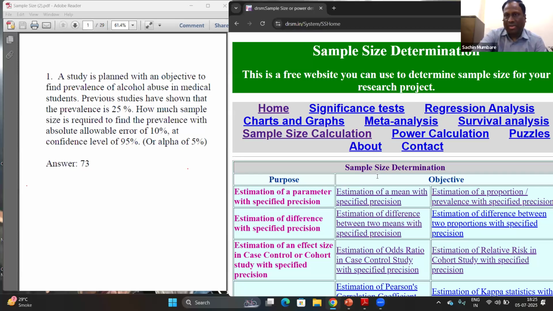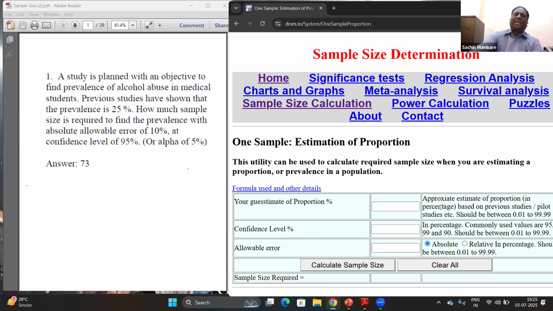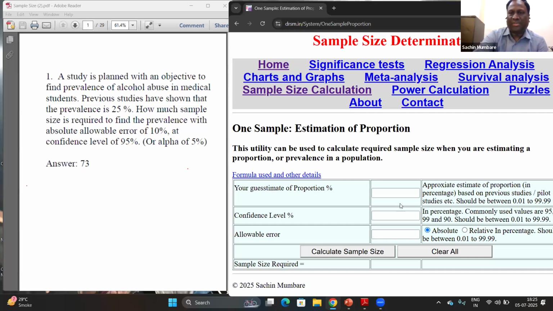If you look at the website, there is a first row, estimation of a parameter with specified precision, and here the link is given, estimation of proportion or prevalence with specified precision. I'm clicking on this link and it will be diverted to this web page, and you have to just fill in the values which are given to you.